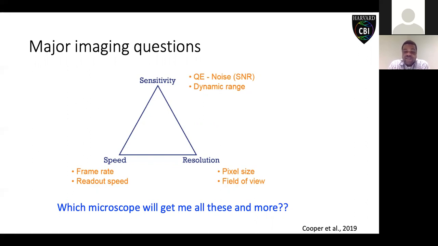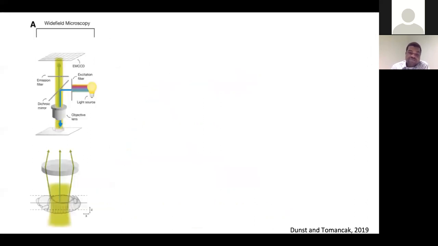And it's always a trade-off. As you can see here, it shows a triangle. That means that as you try to get high sensitivity, you may be sacrificing a bit on speed. And if you get very good speed, you might be sacrificing on resolution. So there may be a trade-off between these three things as you set up your imaging or acquisition experiment.